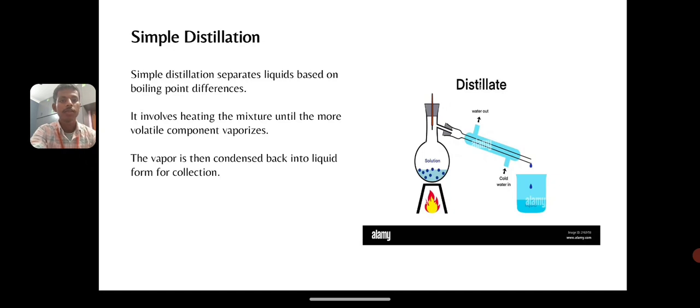Now, simple distillation. Simple distillation is one of the most widely used methods. It works when the liquids in the mixture have significantly different boiling points. The mixture is heated, then the liquid with the lower boiling point vaporizes first, then the vapor is condensed back to liquid and collected.